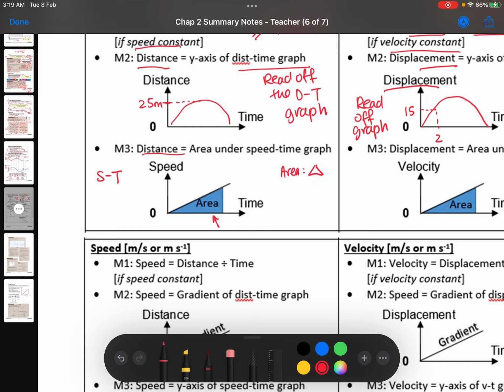To determine the area of a triangle, it is equal to half base times height. Sometimes the area is a trapezium. If you have studied trapezium before, you have two parallel lengths, A and B, and height H. So the area will then be A plus B divided by 2 times H.